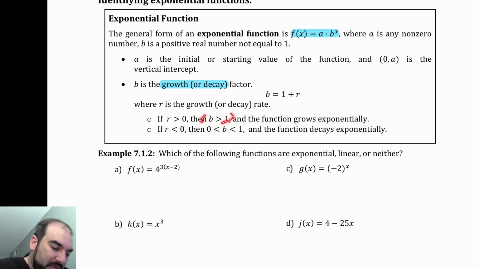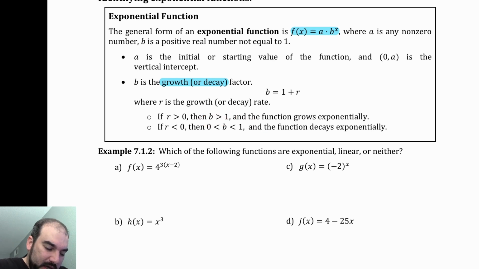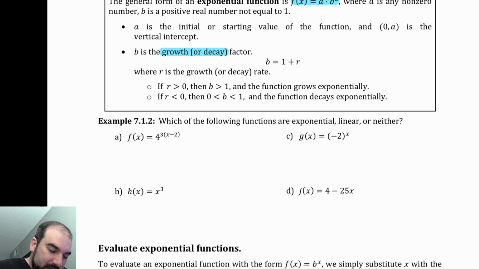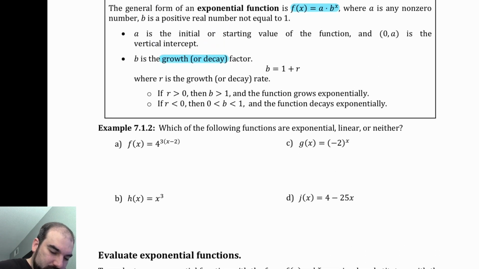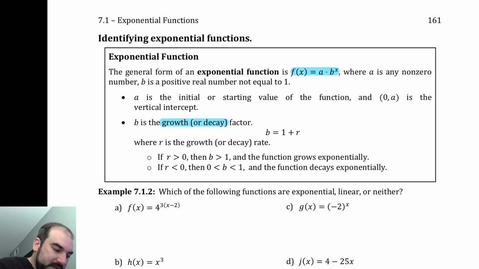So if b is a number greater than 1, like in the example I was talking about with 3 to the x, that is a growth function, exponential growth. And something that would be a decay function is when b is less than 1 but greater than 0.